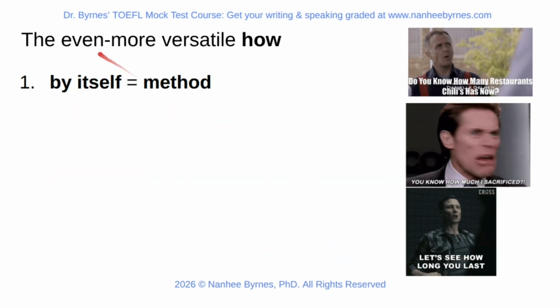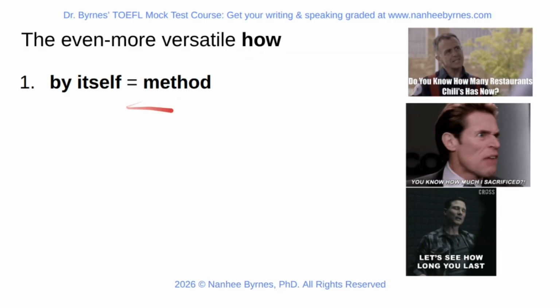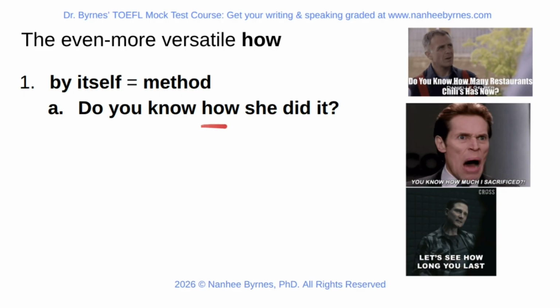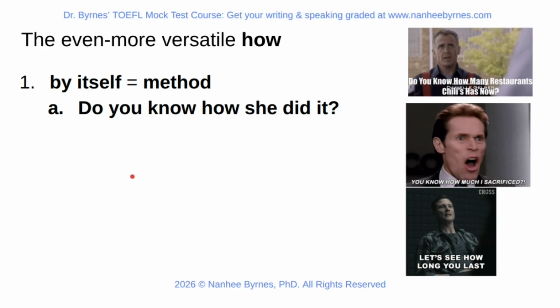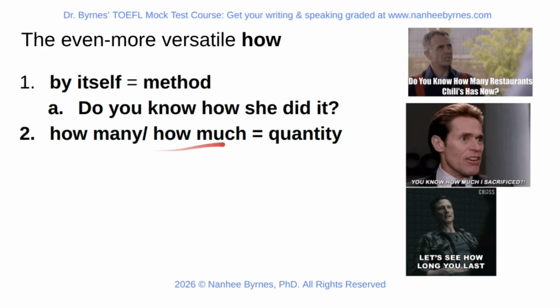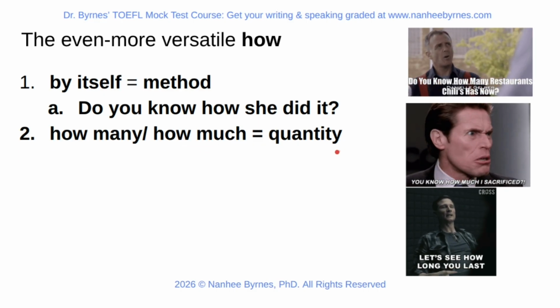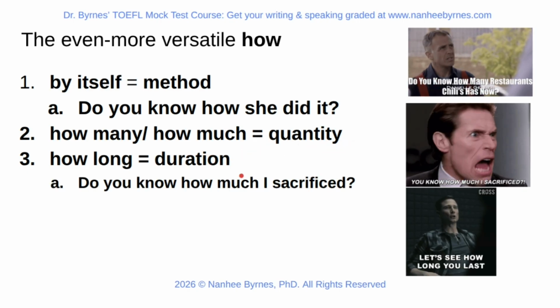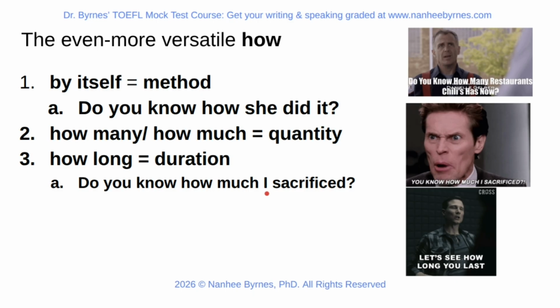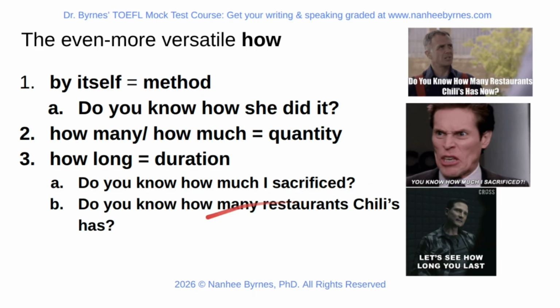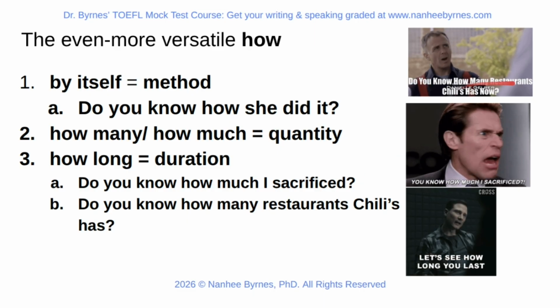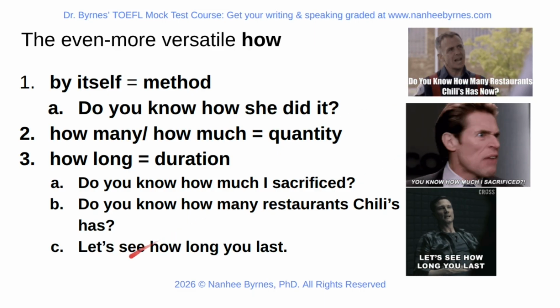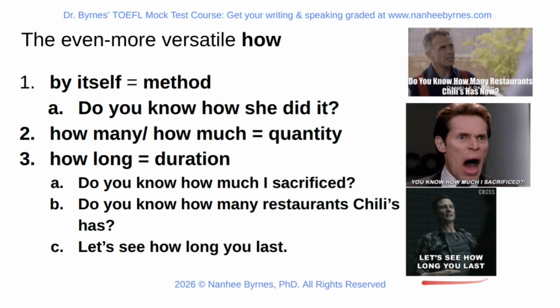It can appear by itself to ask about method. Do you know how she did it? Or it can combine with other words such as how many, how much, how long. These combinations ask about quantity or duration. For example, do you know how much I sacrificed? Do you know how many restaurants Chili's has? Let's see how long you last.